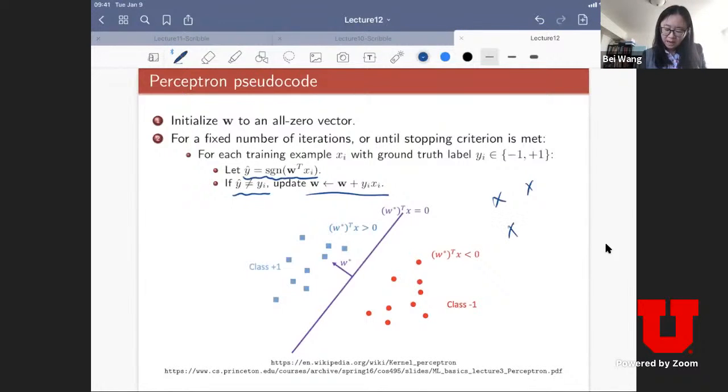Let's say I have a current classifier going like this, and at the top is plus, and below is minus. So this point is a wrong classification. What I want to do is shift my classifier in the direction of this data point so that in the next step, this data point is correctly predicted.